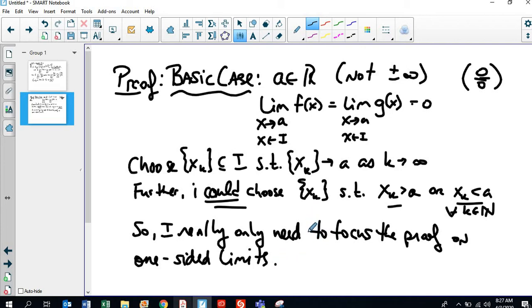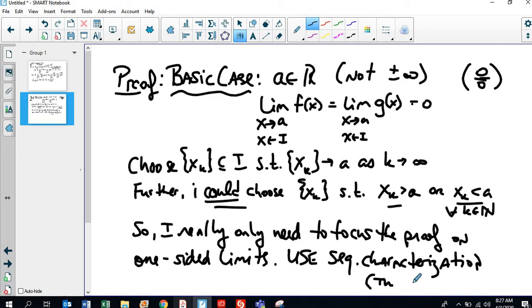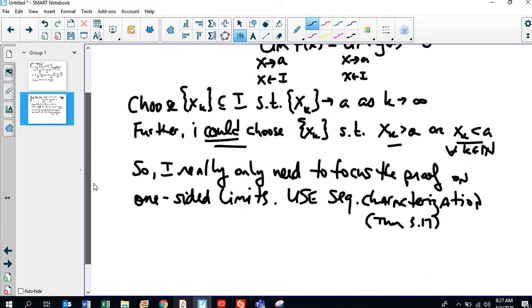That's the idea. Okay, so we're going to use sequential characterization. We haven't done that for a little while, right? Theorem 317. That's going to be kind of the method of how we get through this.